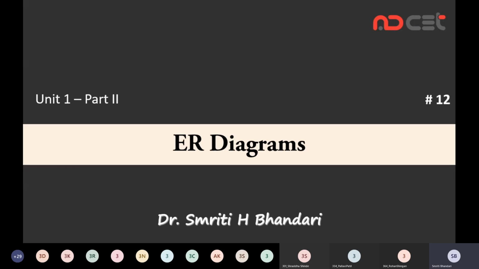And we mentioned that we have super keys, candidate keys, and primary keys. So in the last week, we covered all those concepts with respect to the ER model. So today we are going to start discussing ER diagrams, how to draw ER diagrams.